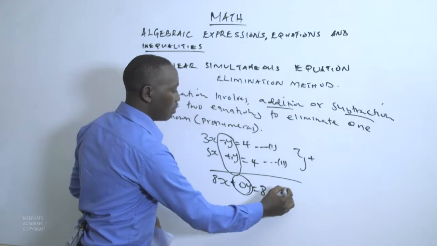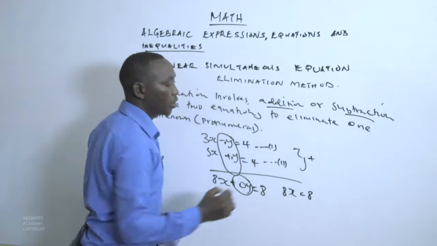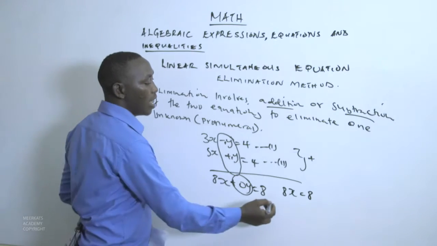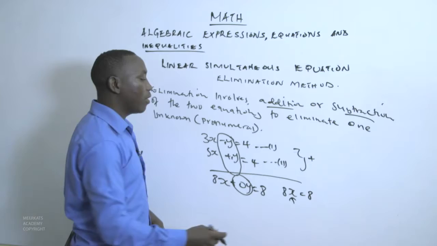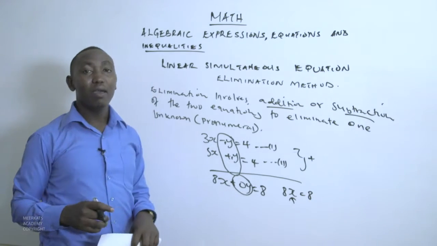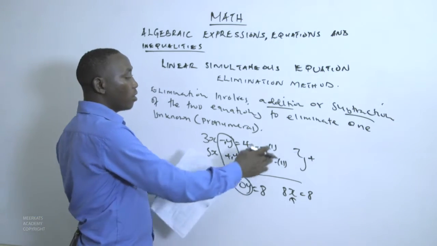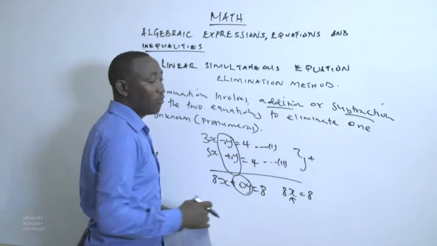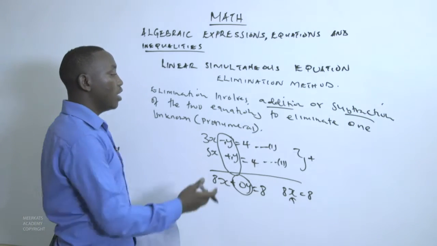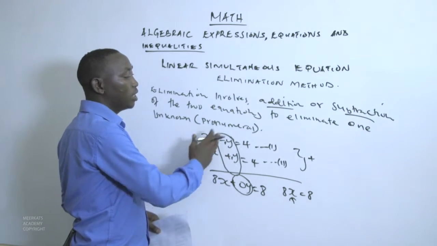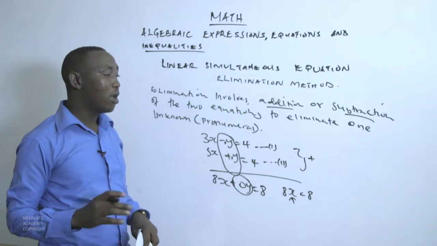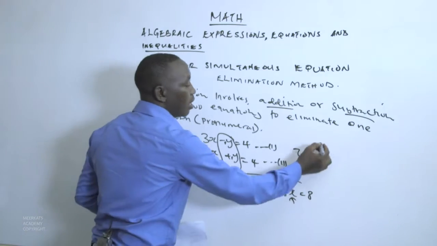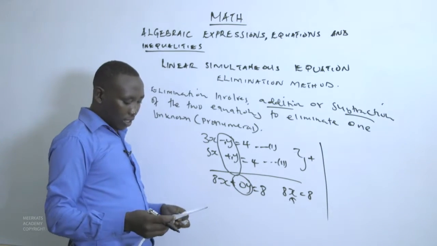So this will be 8x is equal to 8. You'll discover that we have eliminated one pronumeral and we are left with one. So you can now go on and get the value of x. After getting the value of x, you can substitute in either of the two equations to find the value of y.